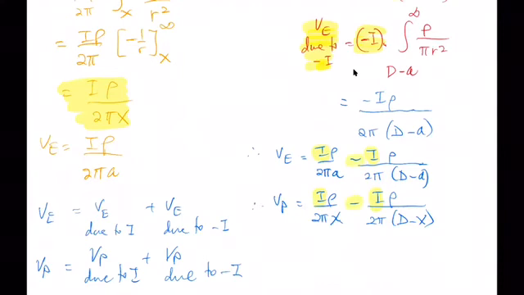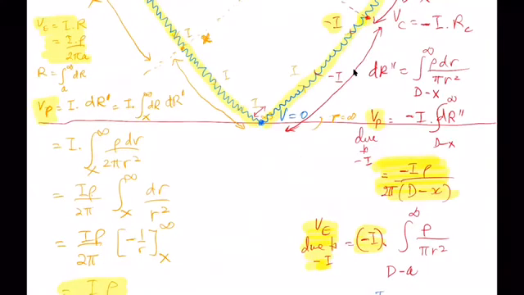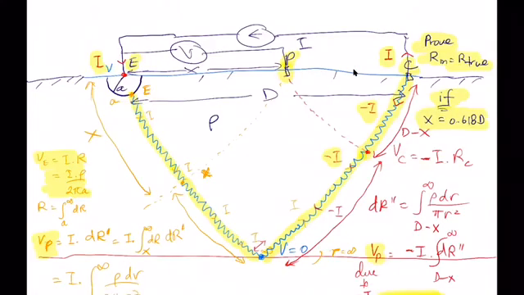Now, if you want to find VEP, because this is the voltage measured by the meter, which is VE minus VP. Here you can see the voltmeter, actually VE minus VP.